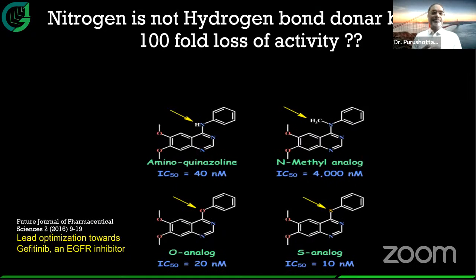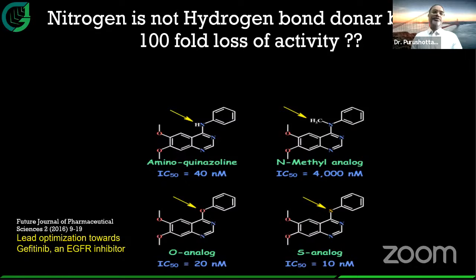That is why the replacement... But I have intentionally selected this example because before you conclude in medicinal chemistry, you are trying to see what you are not actually able to see. So you need to properly conclude these things.